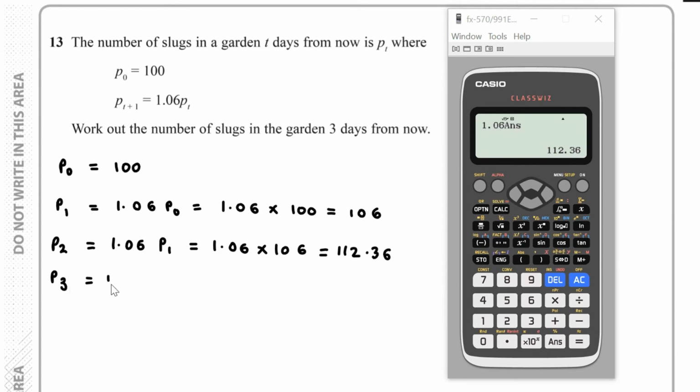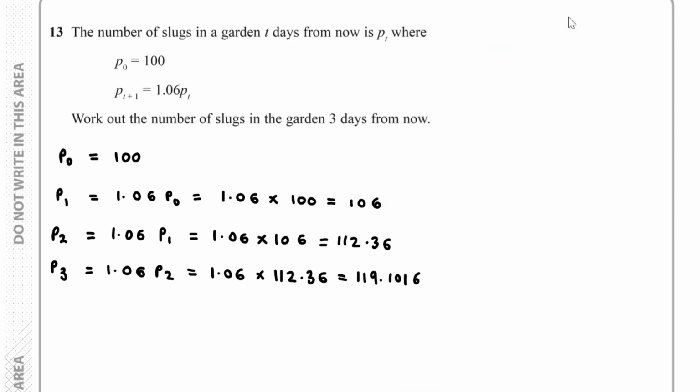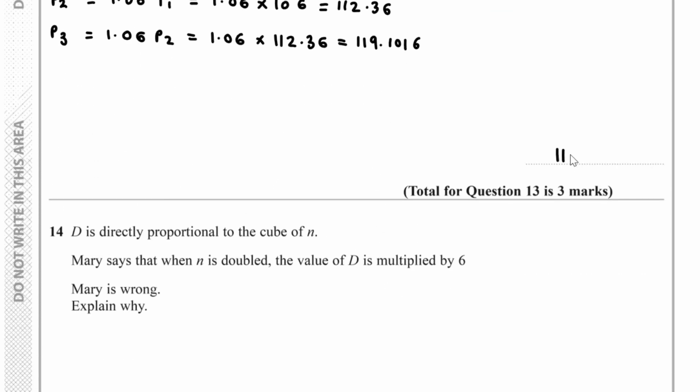P3, that's equal to 1.06 times by P2. So we've got 1.06 times by 112.36. So if I press equals again, we get 119.1016. So therefore the number of slugs is equal to 119.